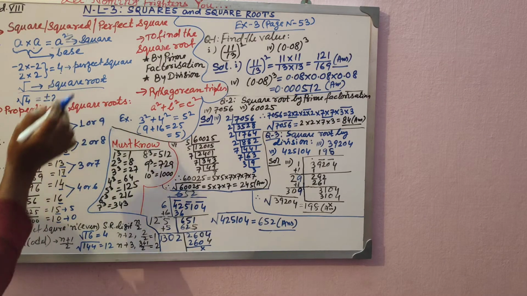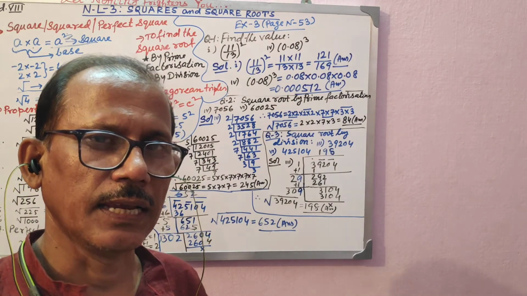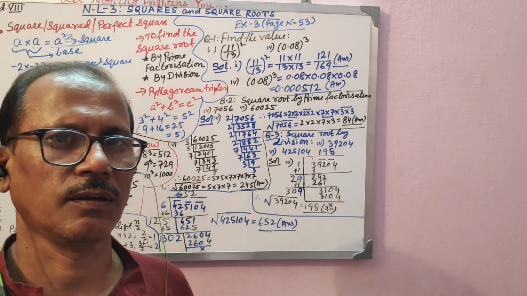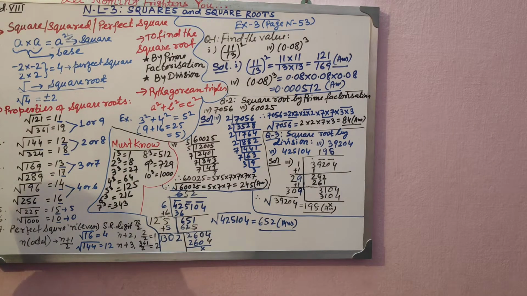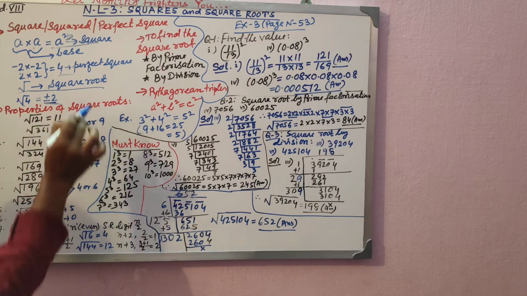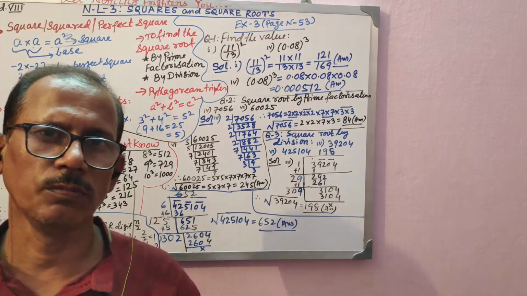Any number multiplied by itself will give the square, and for any perfect square, if you find the root, you will find the base of the number. These two are converse terms, square and square root. 4 is the square and the square root of 4 is plus minus 2. So the square root value always will be plus and minus.